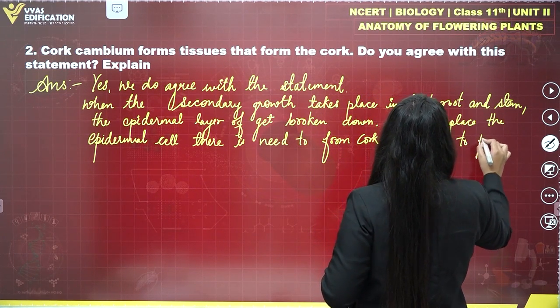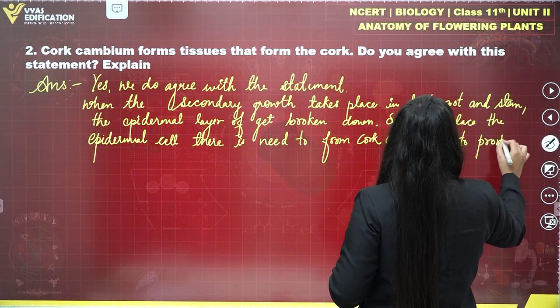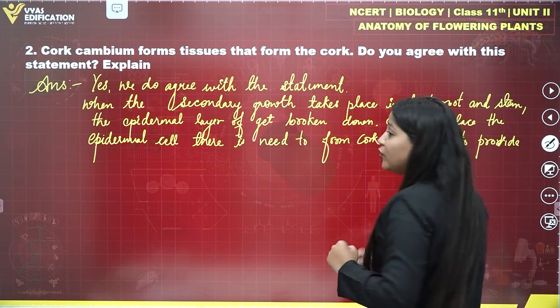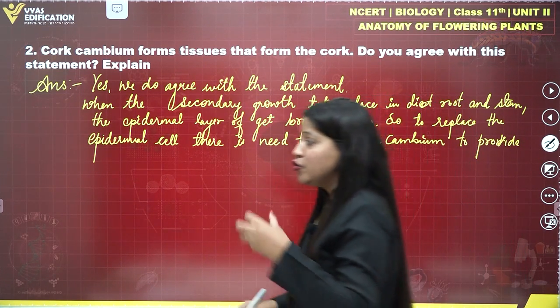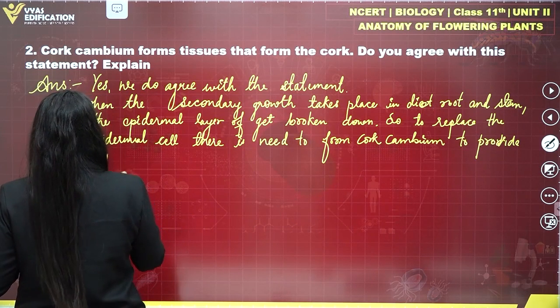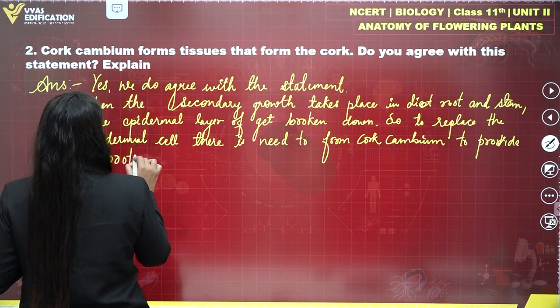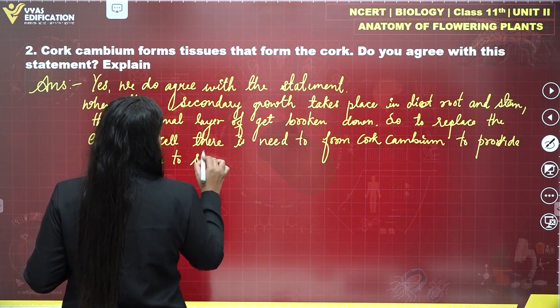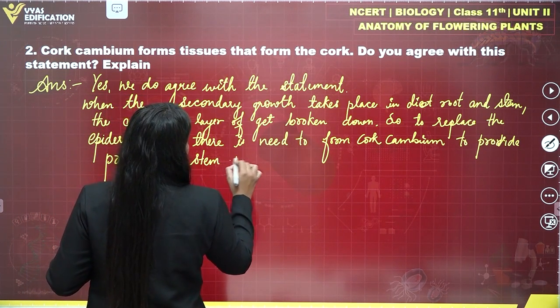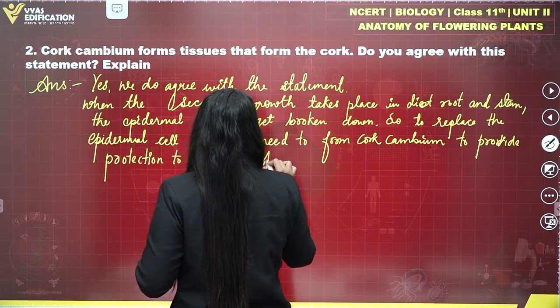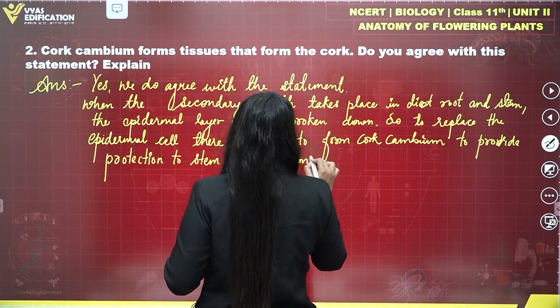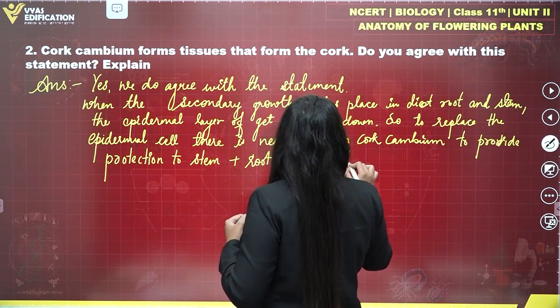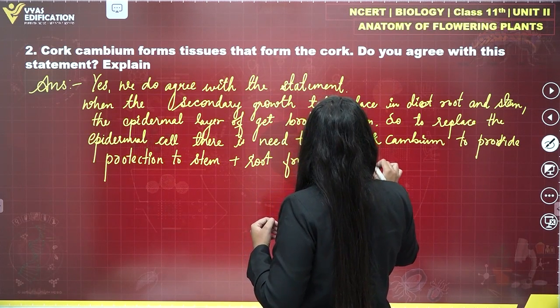to provide protection. Why is this cork cambium developing or forming? To provide protection to stem and root from infection. Right?